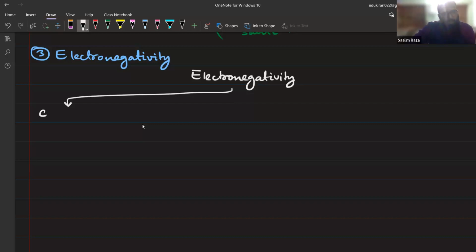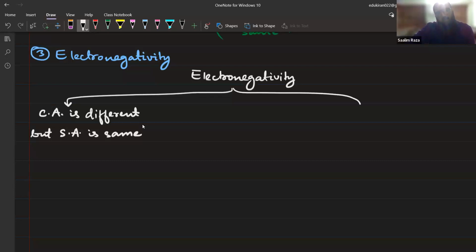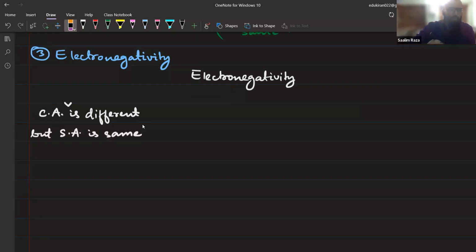When the central atom is different, but surrounding atom is same. Or the other case: there are only 2 cases which are possible.